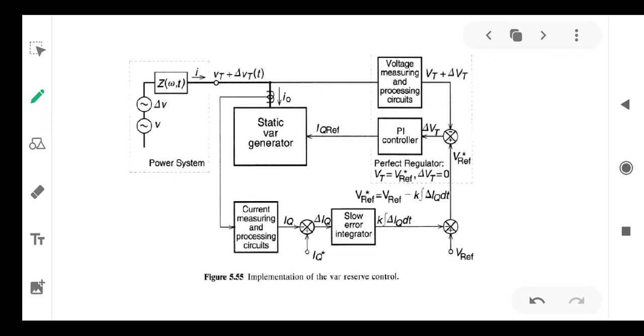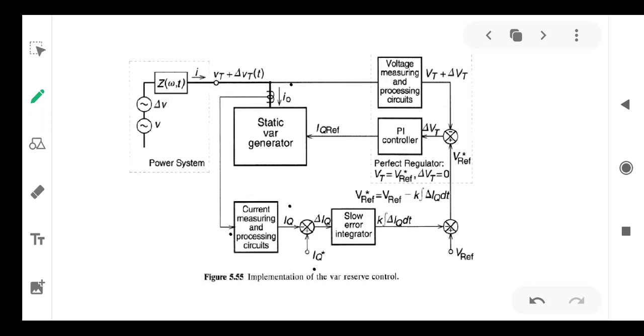V reference is taken to the summer. Here the compensator current I0 is there. This I0 is taken to the current measuring and processing circuit, from which you will get the IQ value. So that IQ and IQ star is the reference current, reactive current.